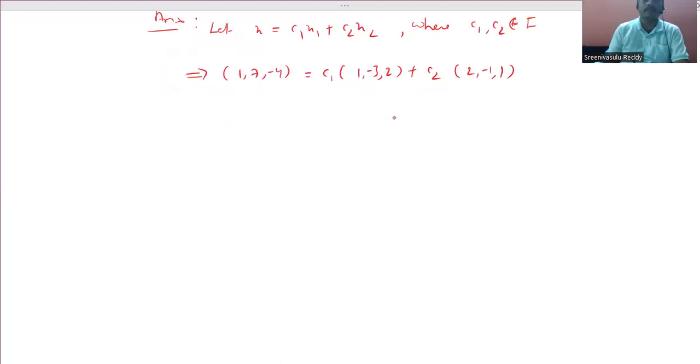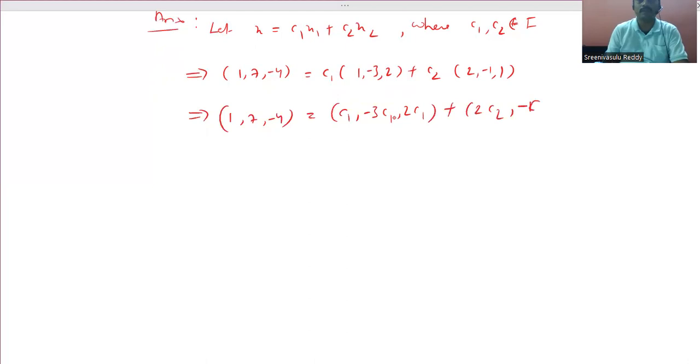On the left hand side we have (1, 7, minus 4). These are 3-dimensional vectors. First, enter C1 inside the 3-tuple: multiply each component with C1. Similarly, in the second vector, multiply with C2.